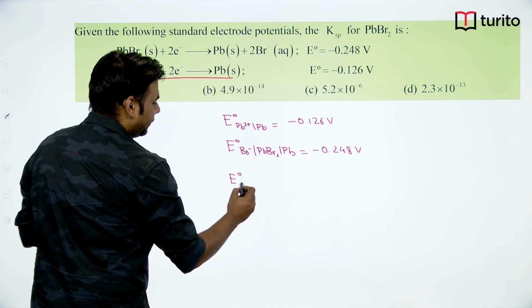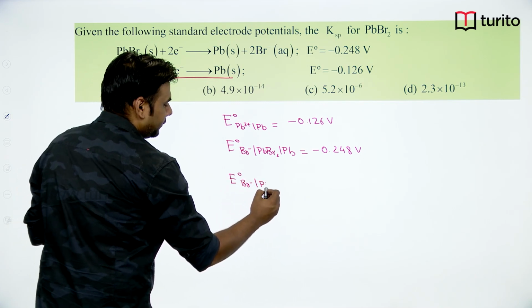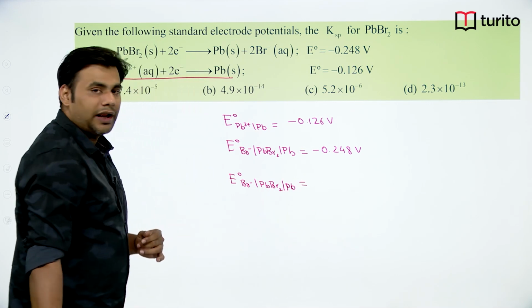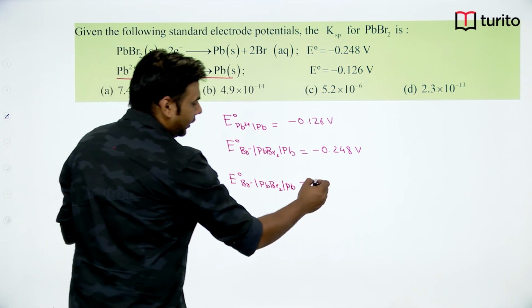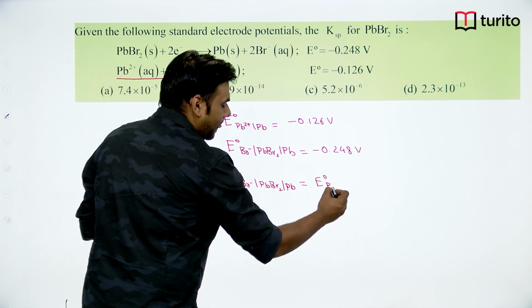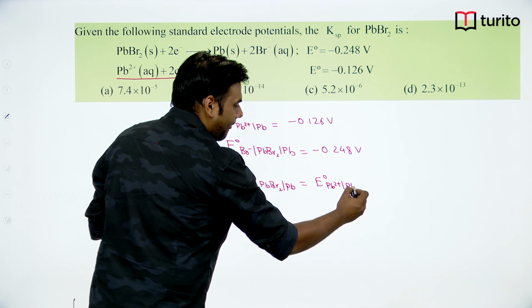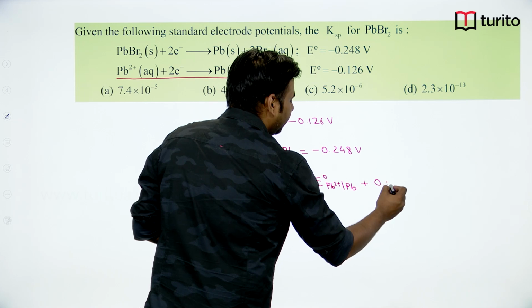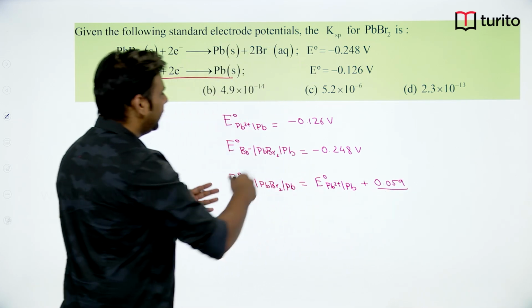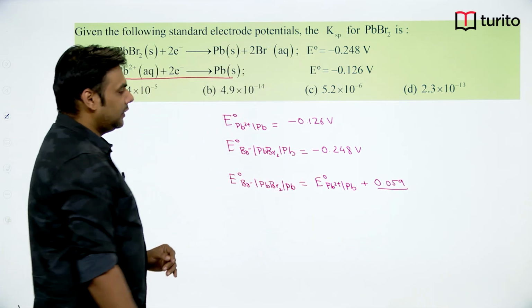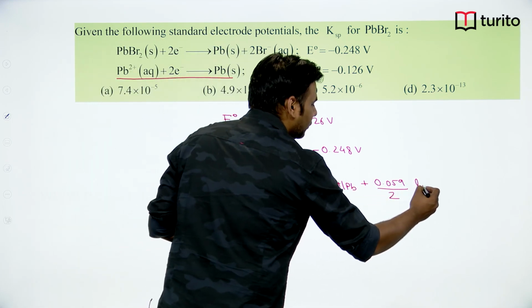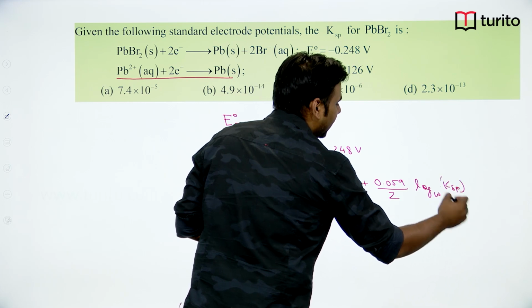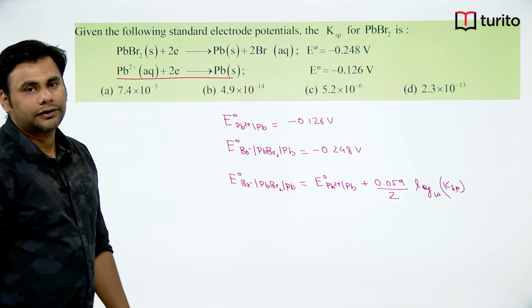So E naught of the metal insoluble common ion electrode is equal to the reduction potential of the metal ion metal electrode plus 0.059 upon n. Obviously you can see that the number of electrons involved is 2, into log base 10 Ksp of PbBr2.